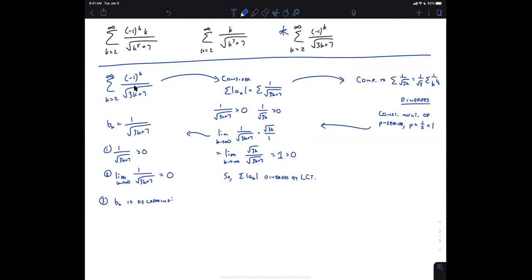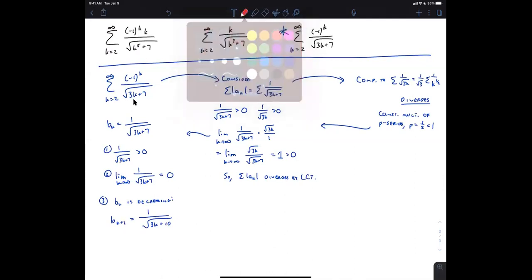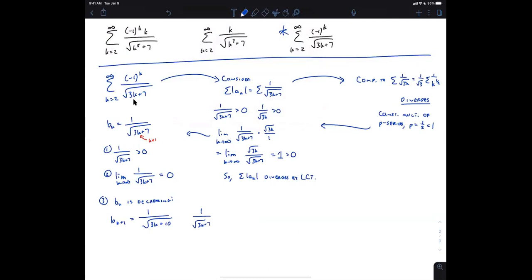That requires a little bit more work, but in this case, we can just say, okay, well, b_(k+1) is 1 over the square root of 3k plus 10. I get that because I'm plugging k plus 1 in for k. So k plus 1 goes right there, the 3 distributes, and you get 3k plus 10. And then we're comparing that to 1 over the square root of 3k plus 7.